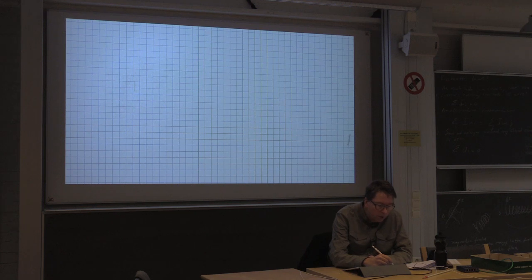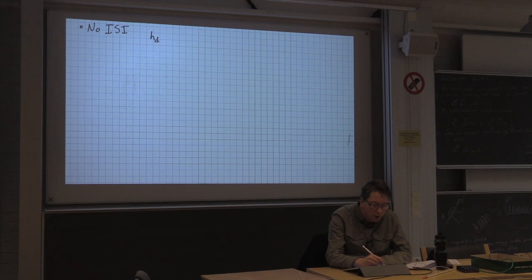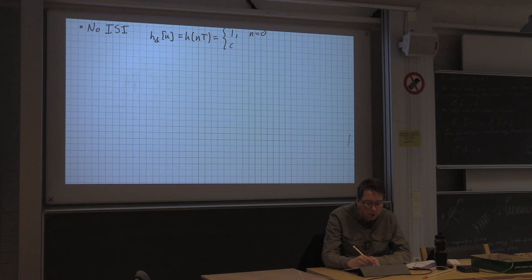What we really want to do is avoid ISI. This means that the discrete time version of h, which is the continuous time signal sampled every T seconds, should be equal to 1 when n is equal to 0 and 0 otherwise.